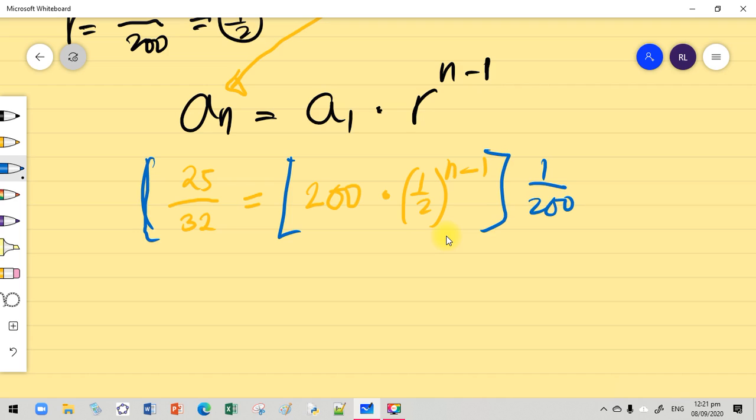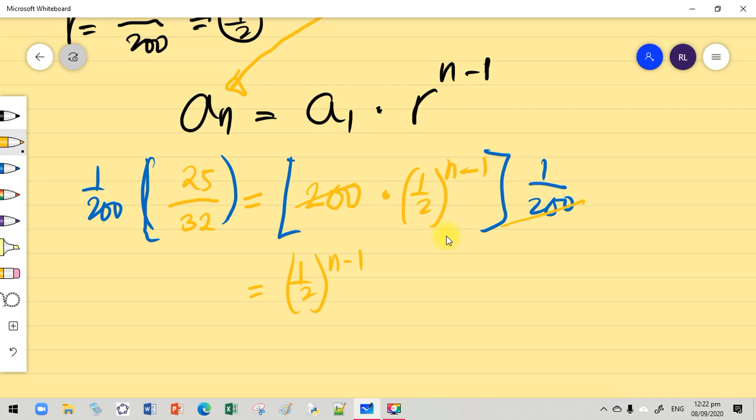On the right side, this will be by division, and this will become 1. So we are left on the right side with 1/2 raised to n minus 1.